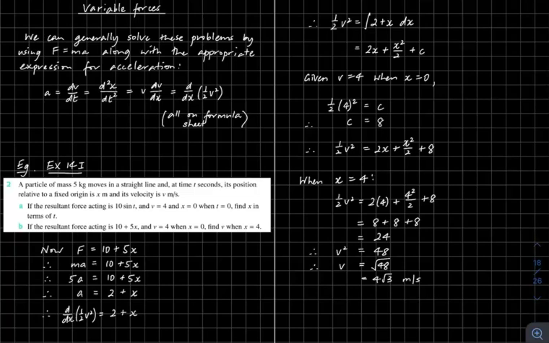Now in this situation we could have said, well, is it plus or minus the square root of 48? But I think what we'll find here, because it's got a positive velocity initially, that means it's going to be moving in a positive direction, which means x is going to be positive, and that means that the acceleration is always going to be positive.